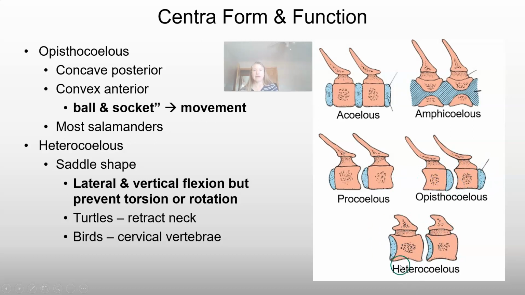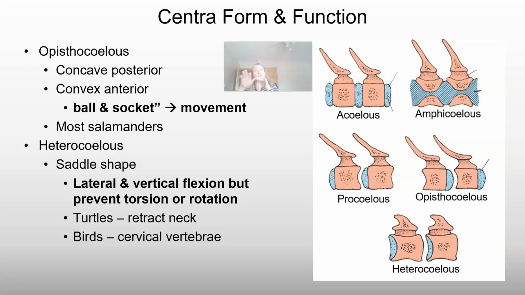Then we also have heterocoelus, and this is a saddle shape. So we have lateral and vertical flexion, so lateral and then vertical, this would be the dorsal ventral, but it prevents torsion or rotation, okay? So it prevents this twisting motion, okay? So we see these kind of vertebrae in turtles.